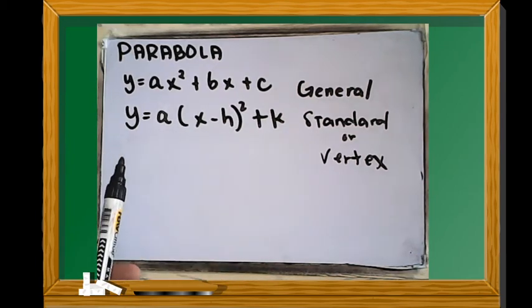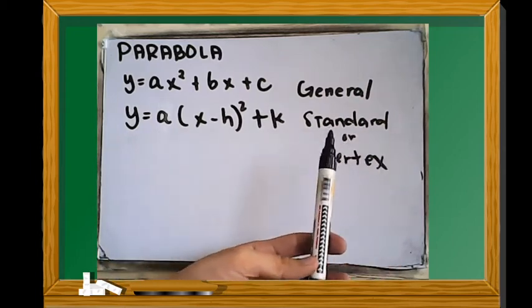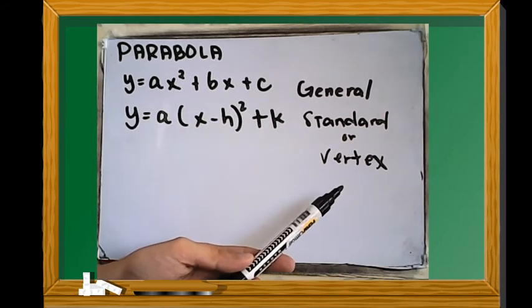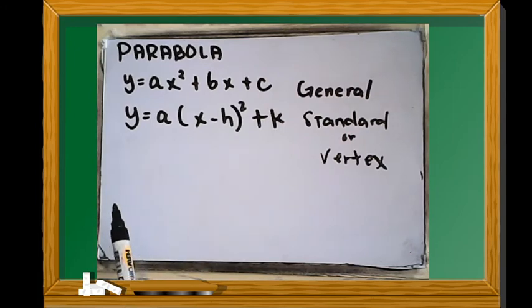So aside from that, it is the standard form, that is also called the vertex form. So from general form, we will translate it to standard form, and we will identify the vertex and the axis of symmetry.